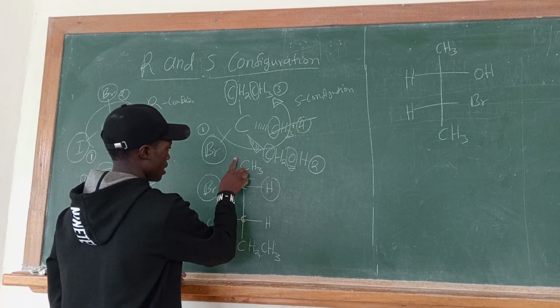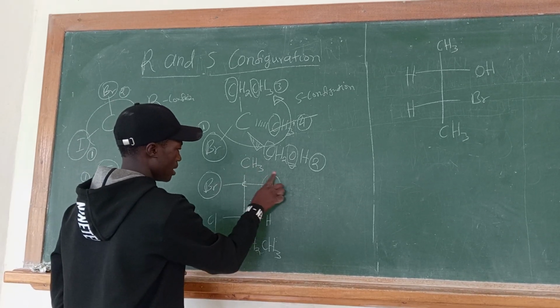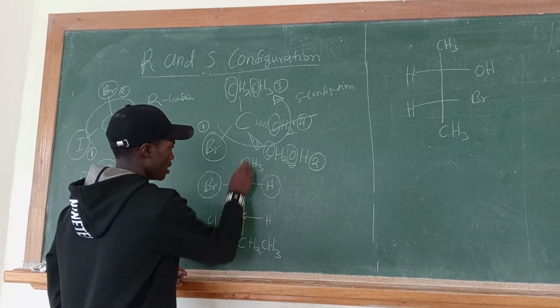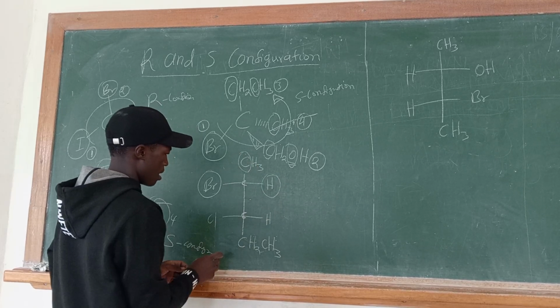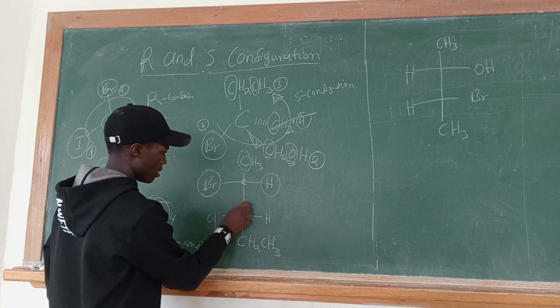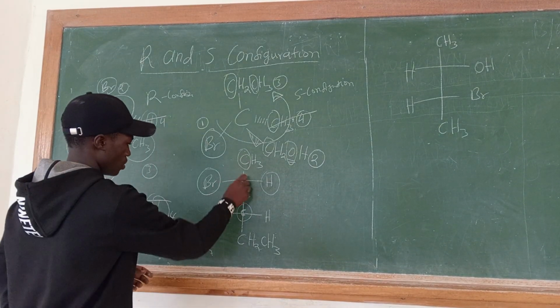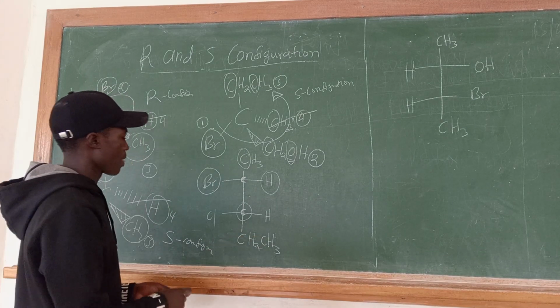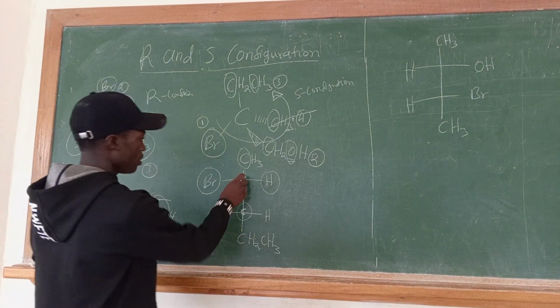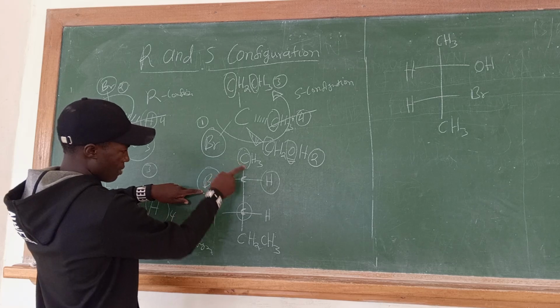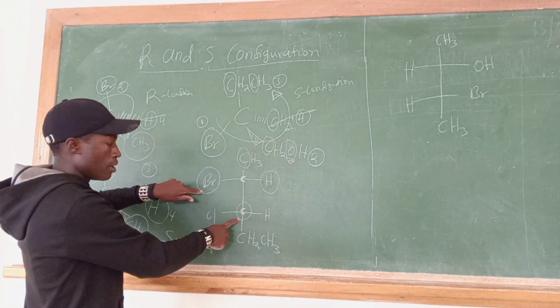Now, let us see which groups are directly bonded. So, of course, here you have hydrogen, here we have carbon, and this carbon. So, we are on this first carbon. So, 1, 2, 3, 4, 5. So, on this first carbon, we have bromine, we have carbon, we have hydrogen, and another carbon.